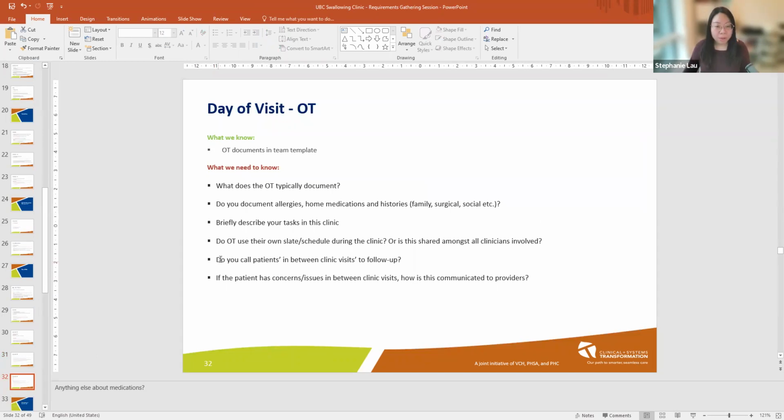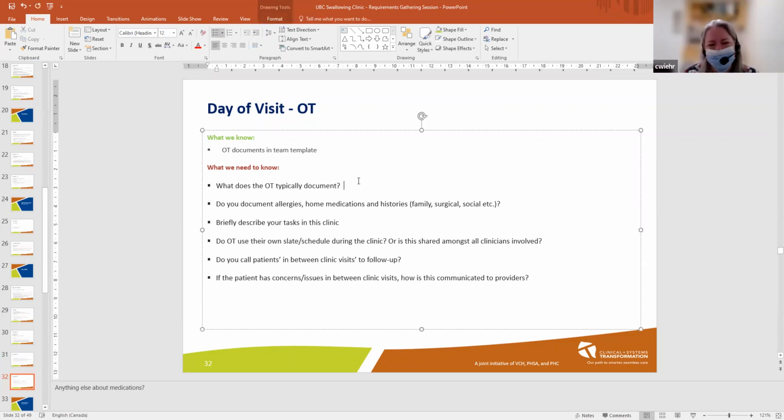Carola, outside of the team template, do you have anything else that you would document on? No. And would you be able to quickly describe some of your tasks in the clinic? So I set up the food. We need to add barium to real food, and so I set that up.